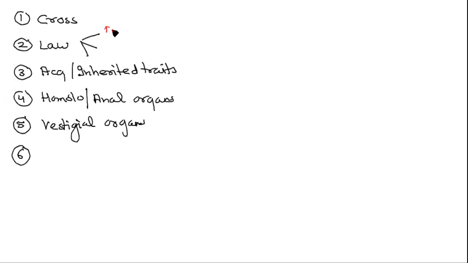Three laws are the law of dominance and recessiveness, law of segregation, which is your second law, and third is independent assortment. Crosses are di and mono.